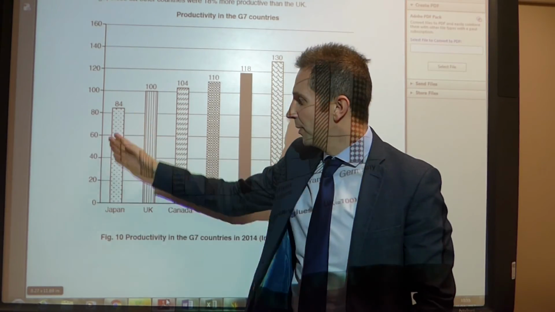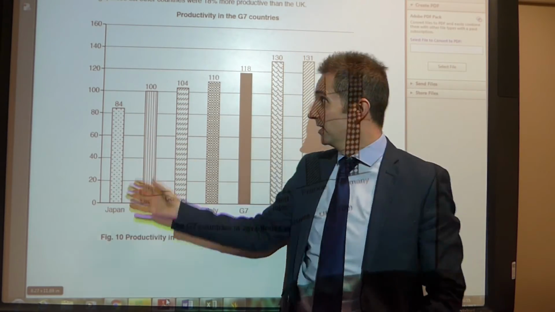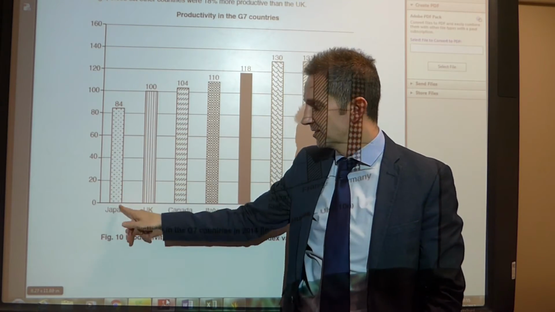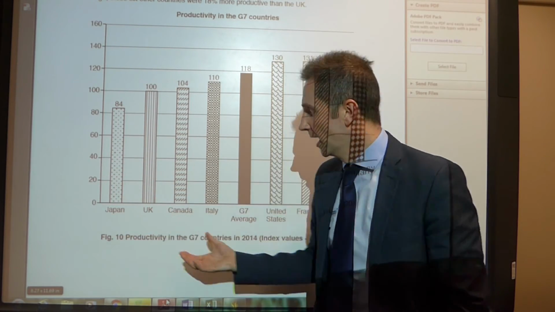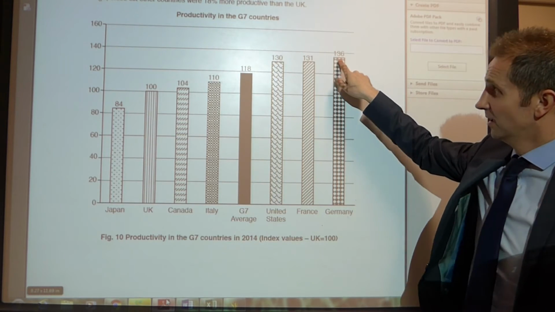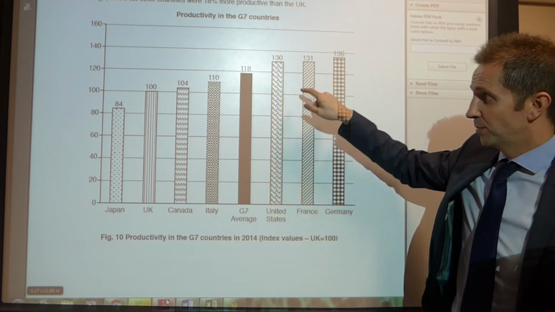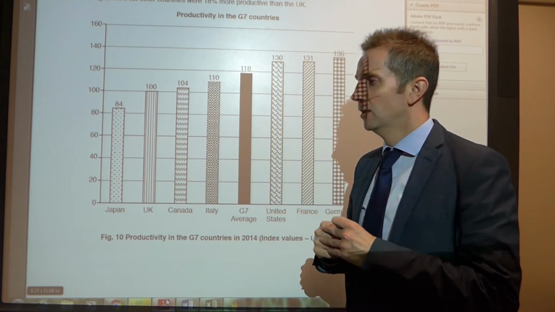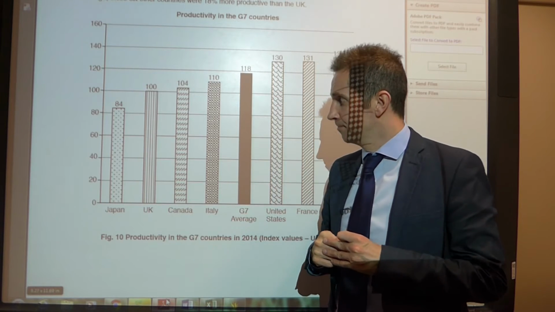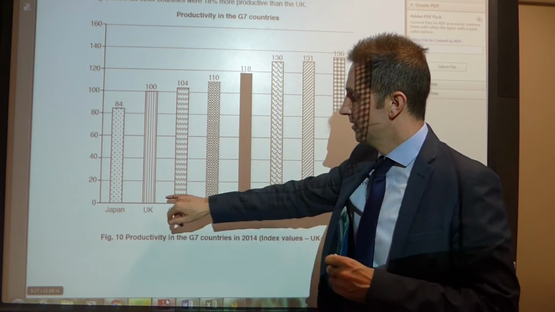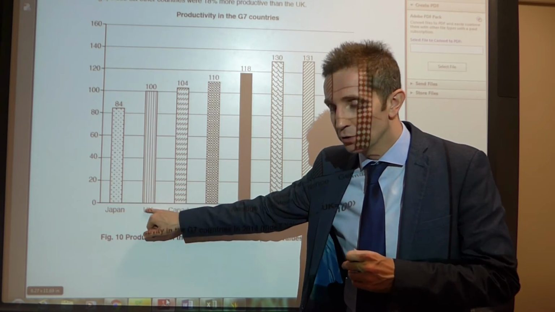And we can say that Japan's, and I believe it does express this in the text above, is 16% less productive than the UK. But everywhere else is more productive, and as you would expect, Germany here, 36%, you know, Germany, the powerhouse, the driving force behind the Eurozone area, is 36% more productive than the UK.